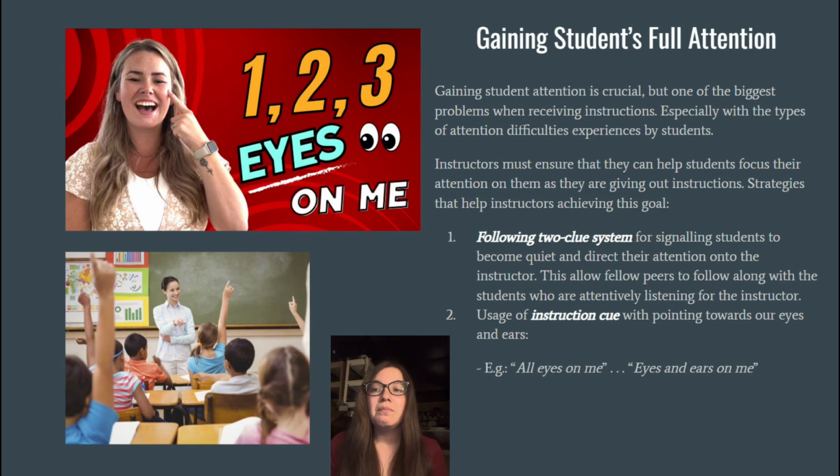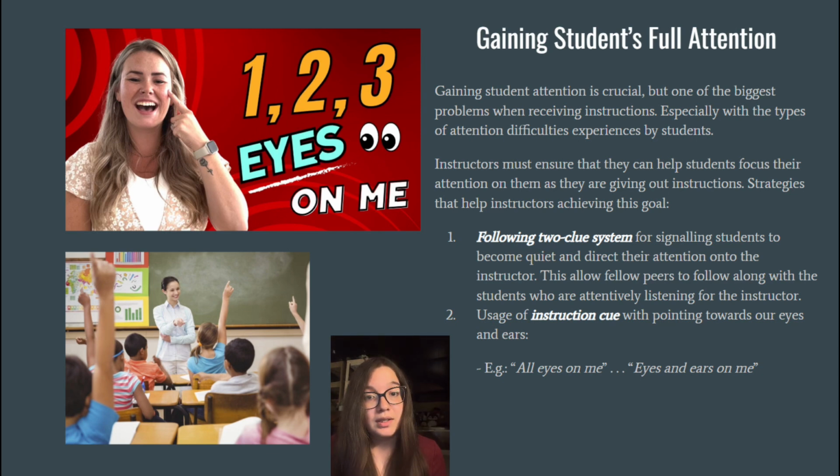And there are some strategies that can help our students with or without ELN shift their complete attention onto us by using two systems, which are the 2Q system and the instruction cue. The first one is the 2Q system, which helps signal students to become quiet and direct their attention onto us, like using hand signals to raise their hand up.